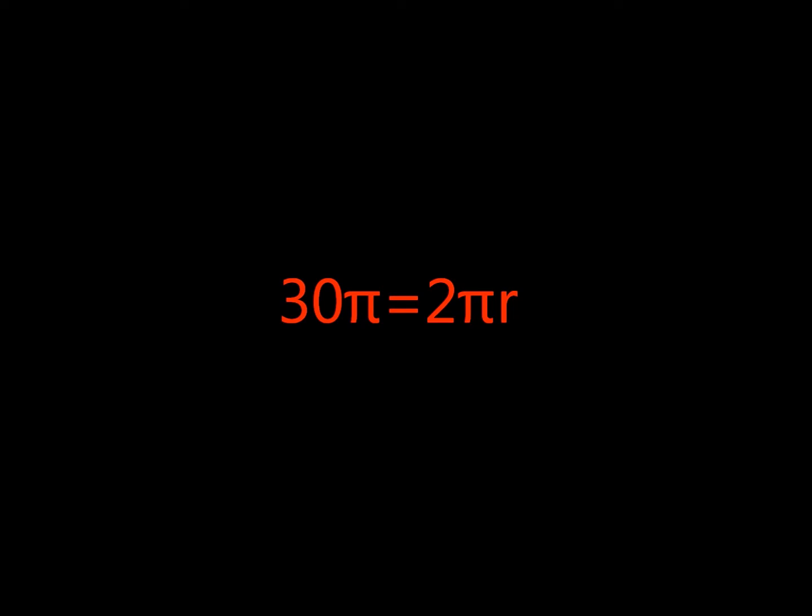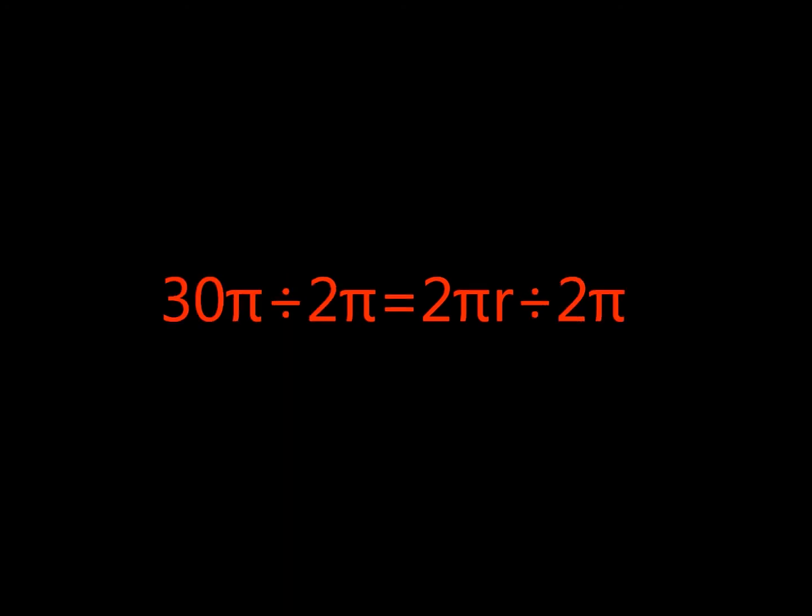So we can get that r out and leave it by itself by dividing that part by 2 pi. Of course, we can't divide one side of the equation without dividing the other side of the equation. So the equation would now read 30 pi over 2 pi equals 2 pi r over 2 pi.